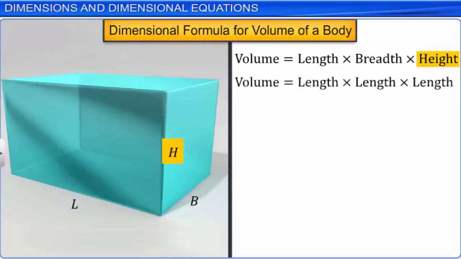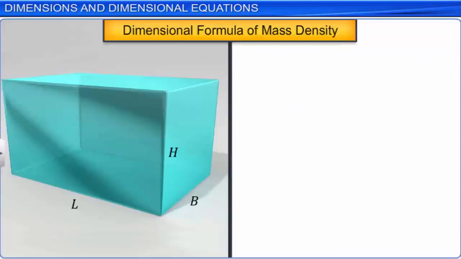Thus, the dimensional formula of volume is L^3. Similarly, we can find the dimensional formula of mass density, which is the ratio of mass to volume. The dimensional formula for density is ML^-3.